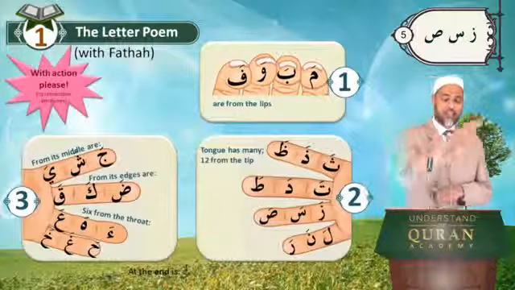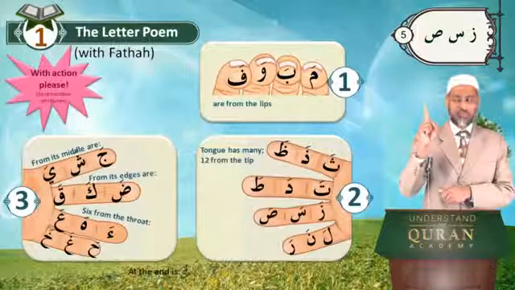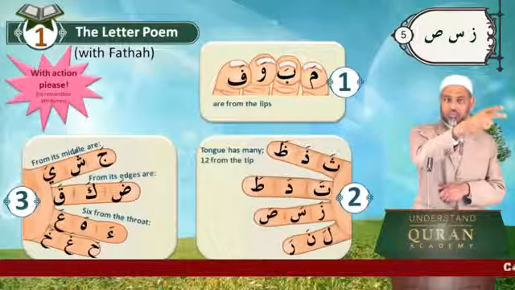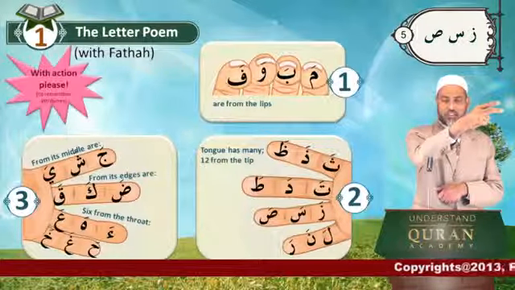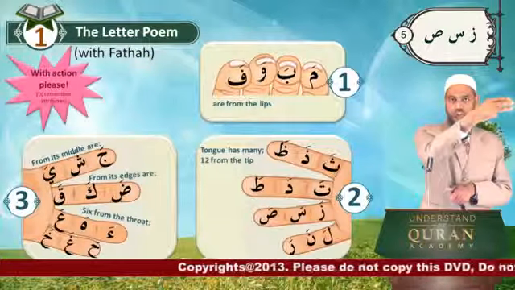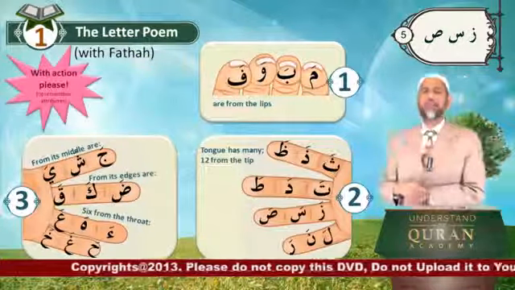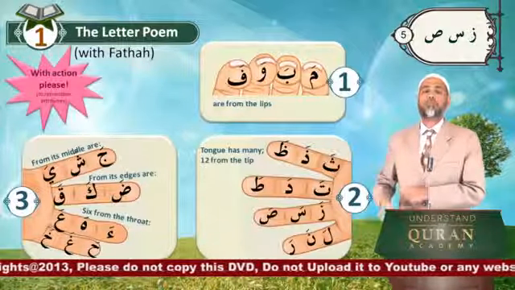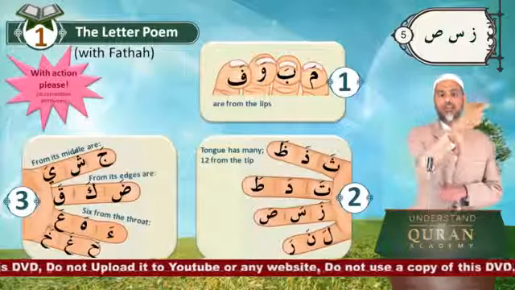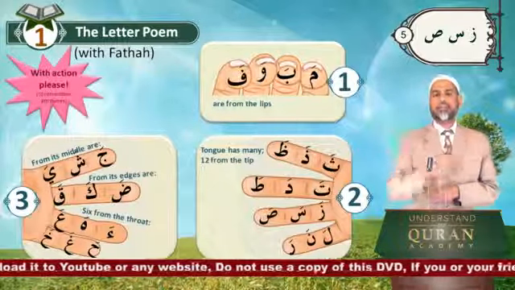Tha, the, va. That's with the first finger. And then with the second finger. Ta, the, pa. Very thick and high. The third letters in this case. Za, sa, sa. Very thick and high. Again, tongue has many, 12 from the tip. Tha, the, va, ta, the, pa, za, sa, sa.